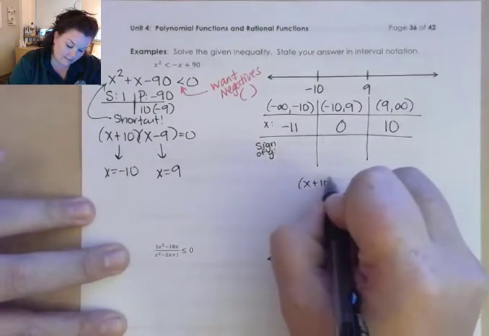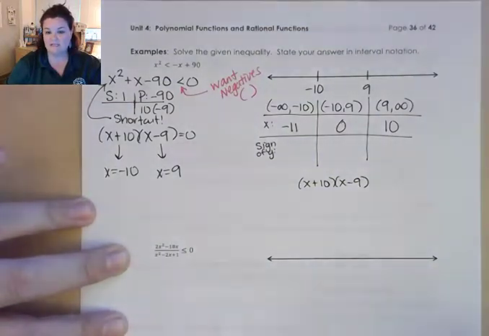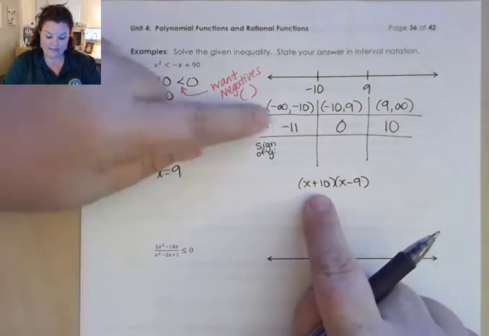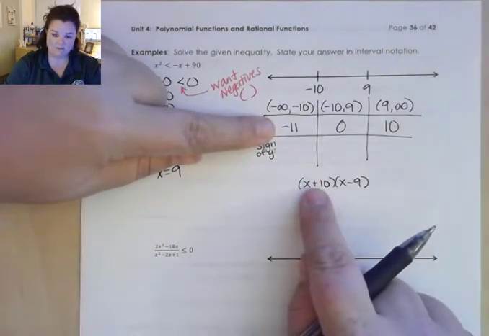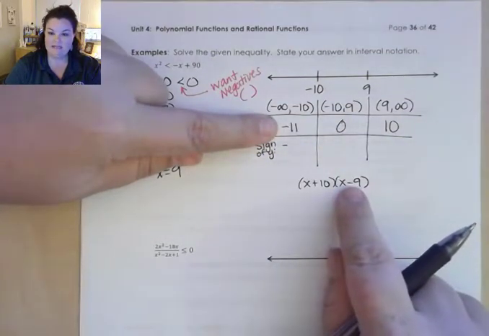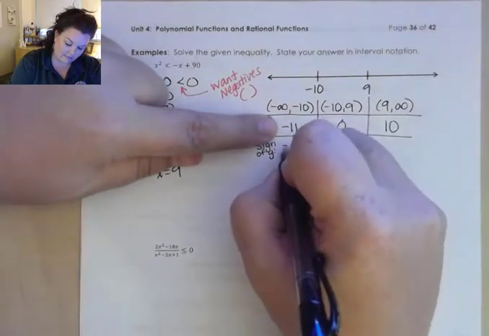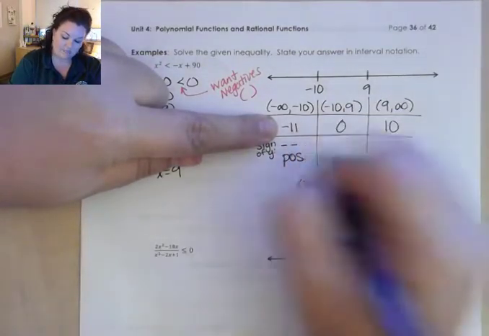So that's what I'm going to write down here. x plus 10 and x minus 9, because I think it's easy to see what the signs are going to be. So if I plug in a negative 11, negative 11 plus 10 in this first quantity is going to give me a negative, and negative 11 minus 9 is going to give me a negative. And a negative times a negative is a positive interval.